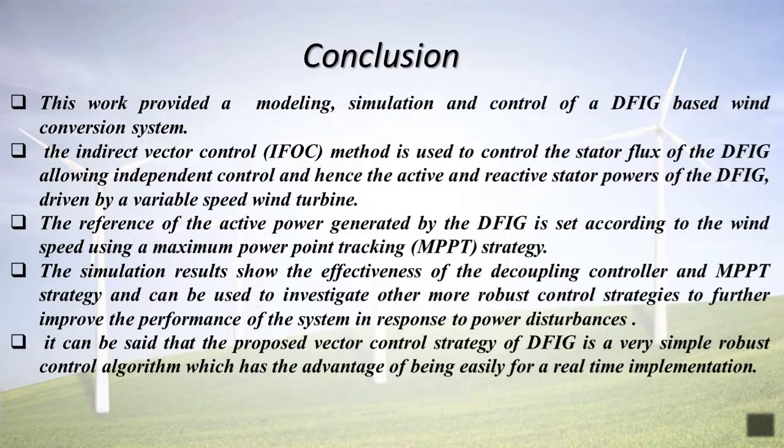Okay, conclusion. This work provides a modeling, simulation, and control of a double fed induction generator based wind conversion system. The indirect vector control method is used to control the stator flux of the double fed induction generator, allowing independent control and hence the active and reactive power of the double fed induction generator driven by a variable speed wind turbine.